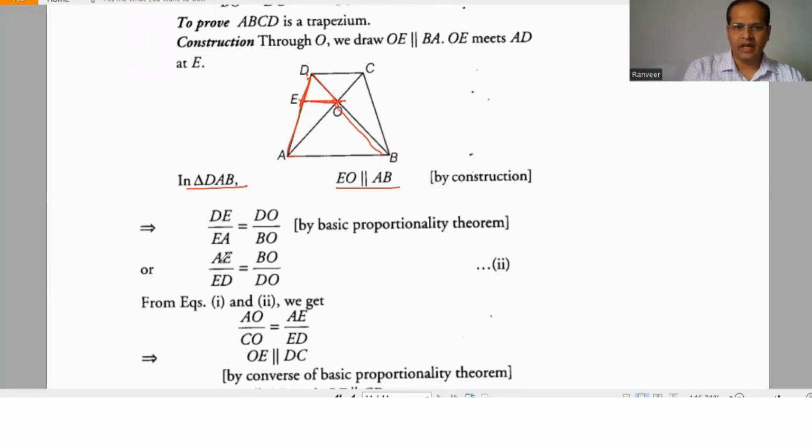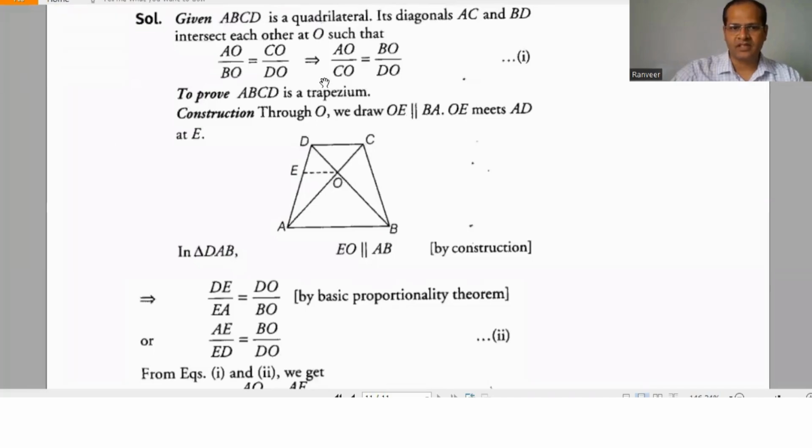So we can write AE divided by ED equals BO divided by OD, interchanging the values. This is the second equation. Why are we interchanging like that?